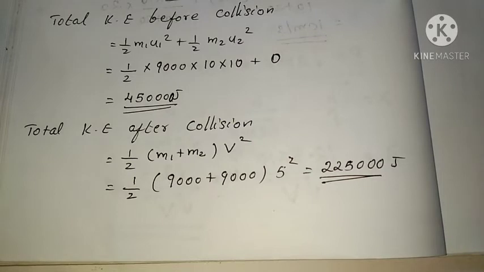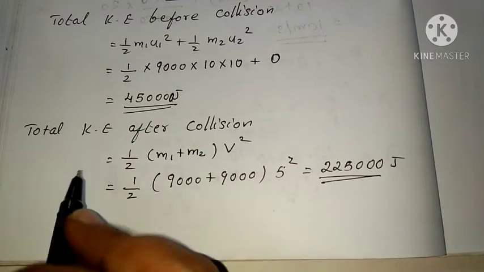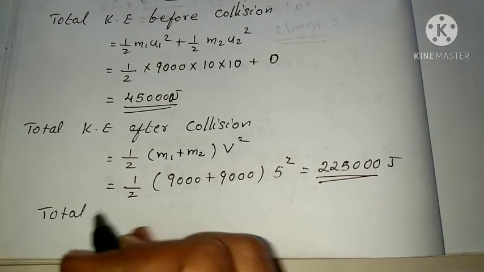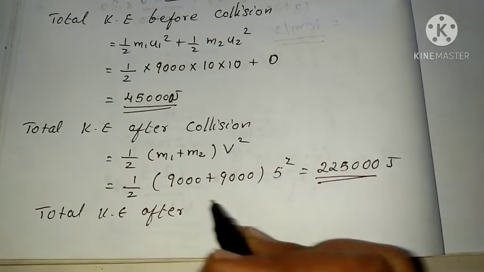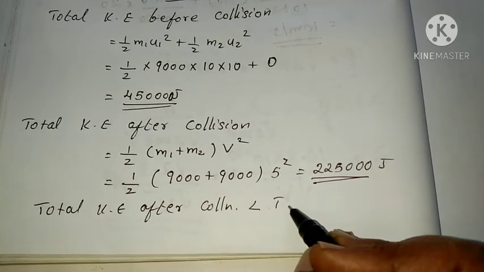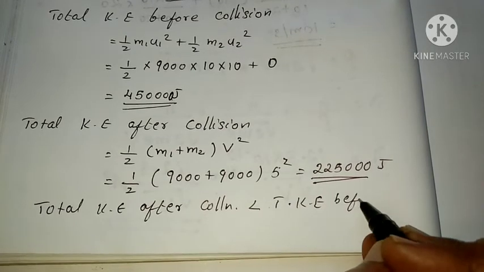So, what do you understand from this? Total kinetic energy after collision is less than total kinetic energy before collision. So, here we can write total kinetic energy after collision is less than total kinetic energy before collision.